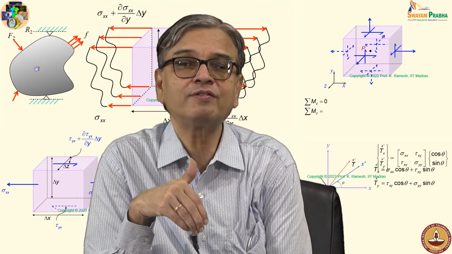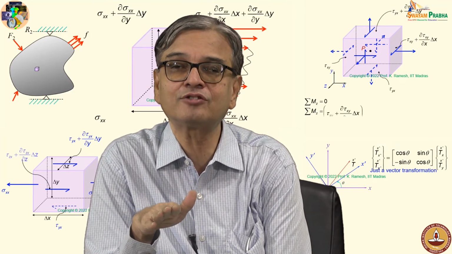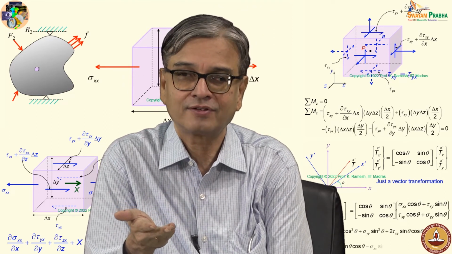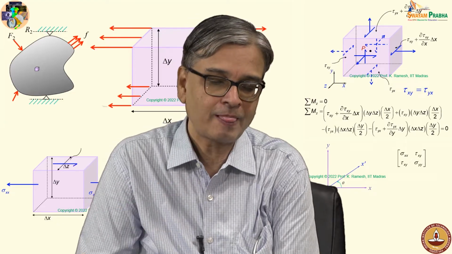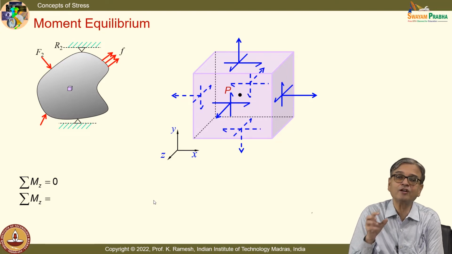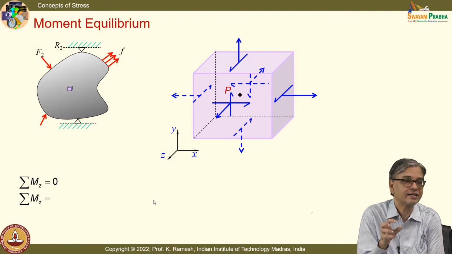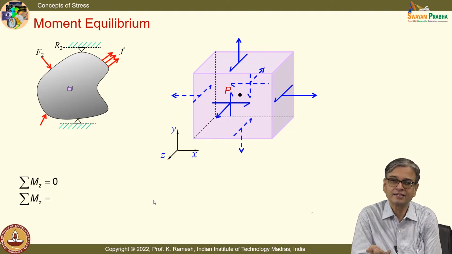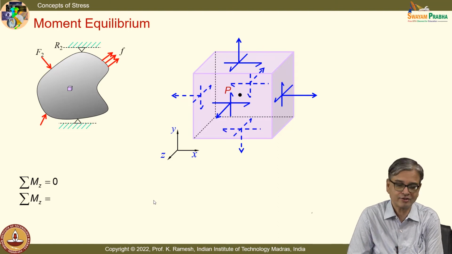If there is any component whose axis is passing through the point, it is not going to cause a moment. Fine, that understanding you have. So we will only flicker those components that will contribute a moment in the z direction. You agree with me what components are flashed? I have tau xy, tau yx flashed on the positive and all the axes.